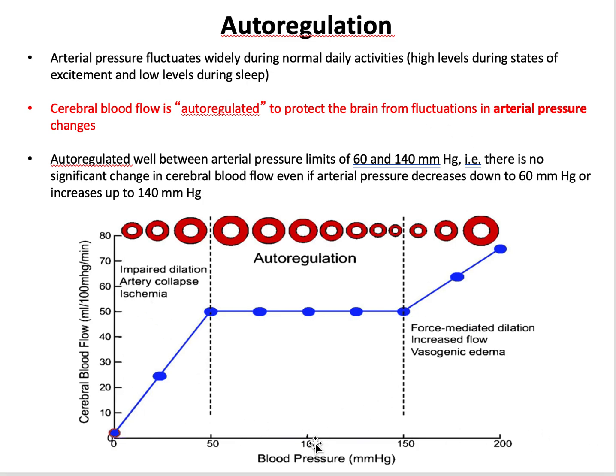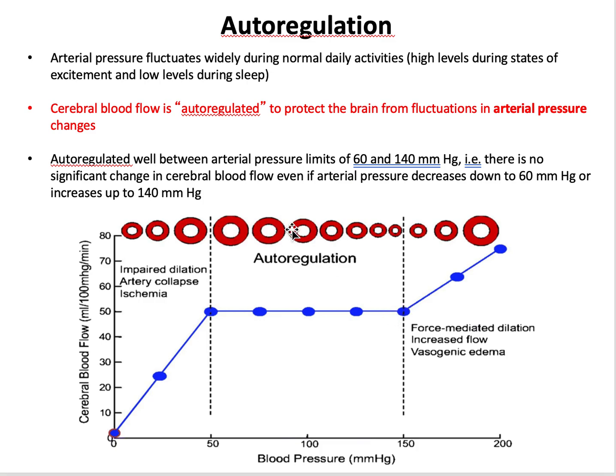If we look at this graph down here, all this is showing you is that we can have any fluctuations in arterial blood pressure from 50 millimeters of mercury all the way to 150 millimeters of mercury, and this is a flat line. On this axis, this is cerebral blood flow. What this means is that from 50 to 150 millimeters of mercury, our blood flow stays super constant. It is a flat line.